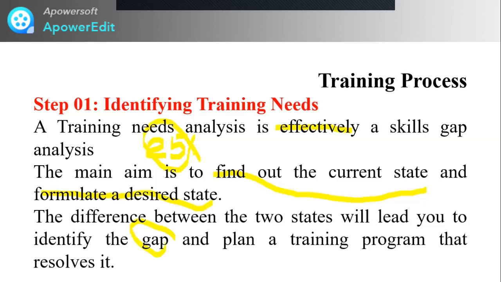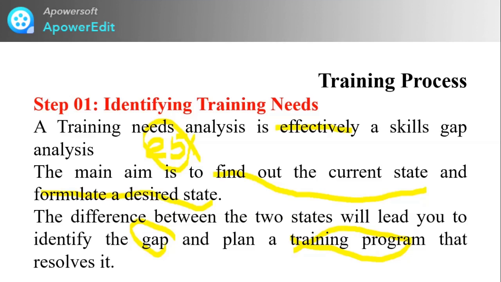If you have a clear picture of the reasons for these 25 units, then you can prepare a successful training program. We assume the real reason for lacking 25 units is unawareness of how to operate the machine.